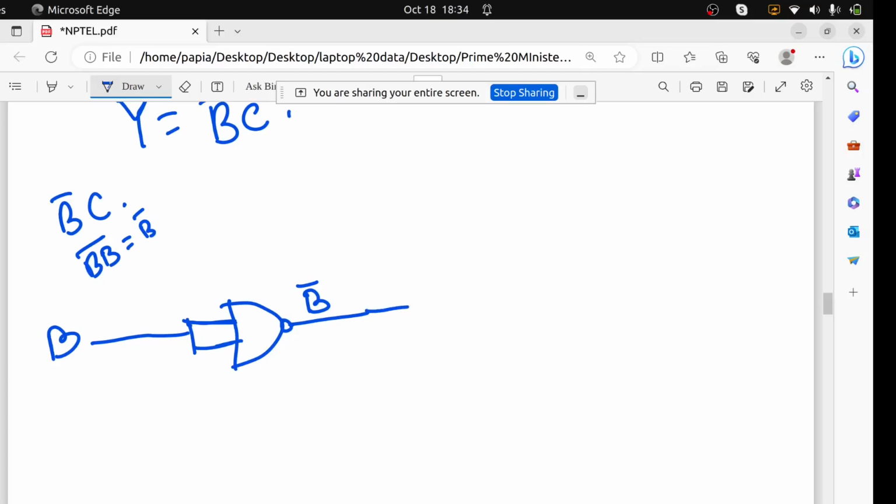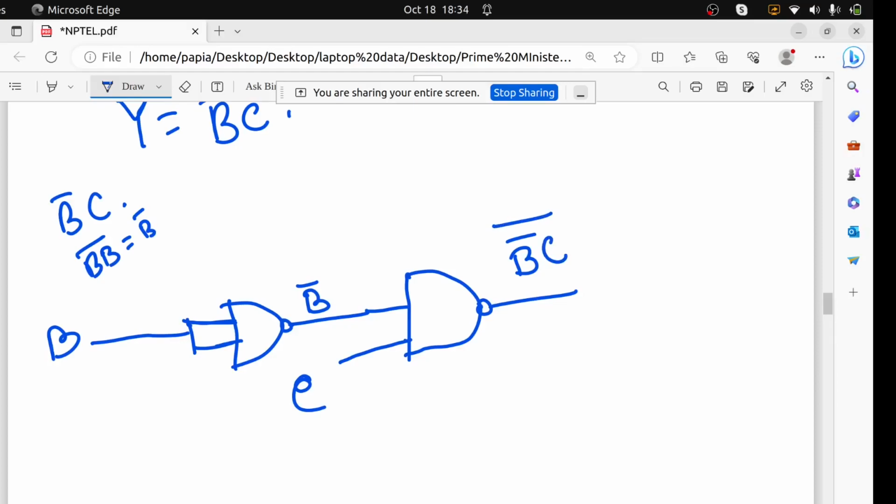Now this B bar is going as an input for a NAND gate, and let's say this C is going as the other input. So what will be the answer here? The answer will be B bar C whole bar. B bar is the input and C is the input.